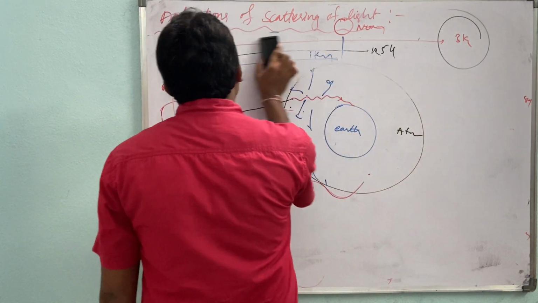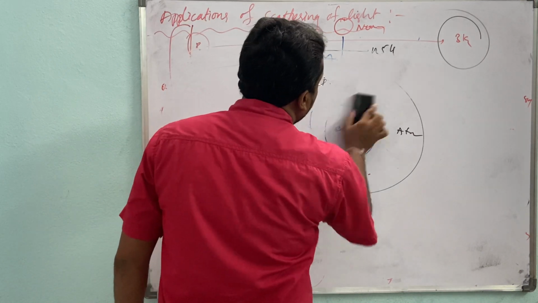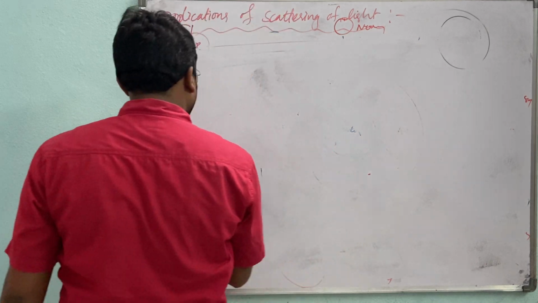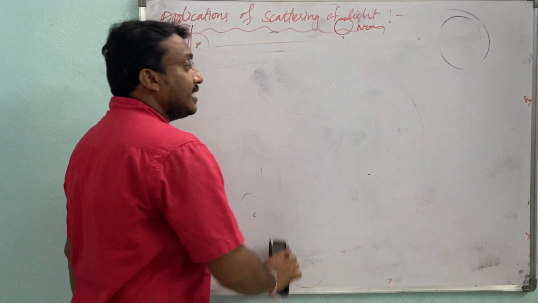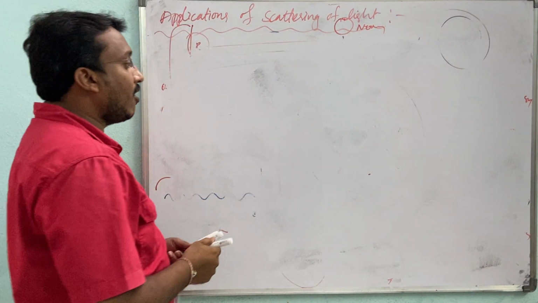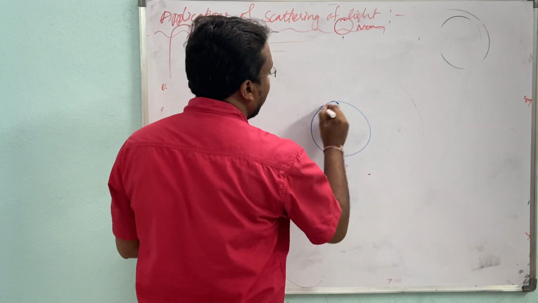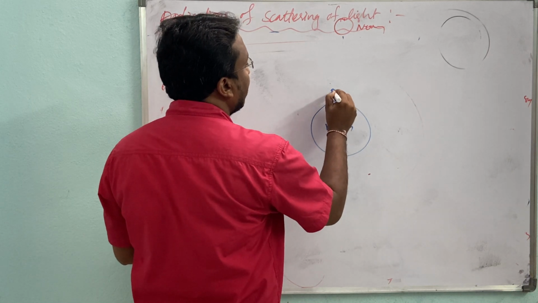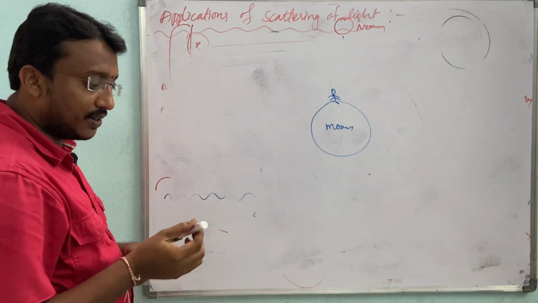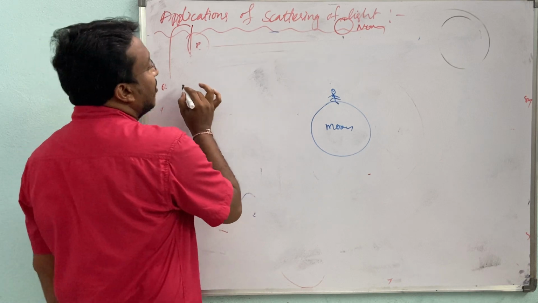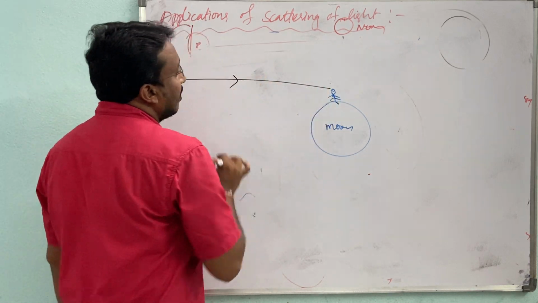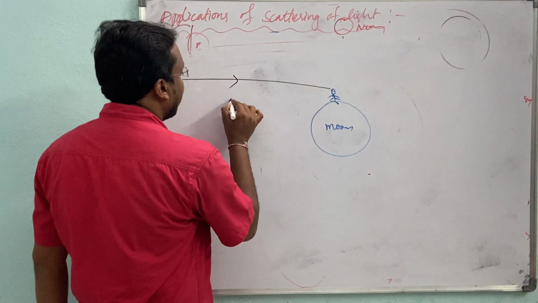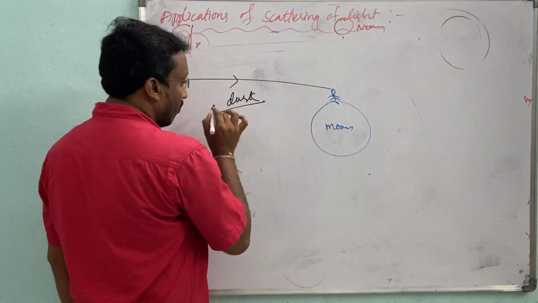Right, same. Then if I observe the sky from the moon, how does it appear? Now I am on the moon, we all are on the moon, and from here we are observing the sky. How does it appear? If we observe from the moon, the sky appears dark.